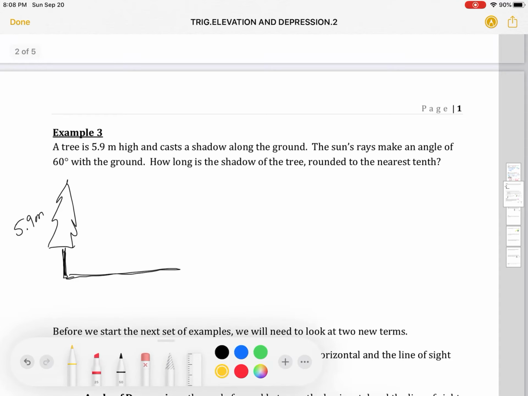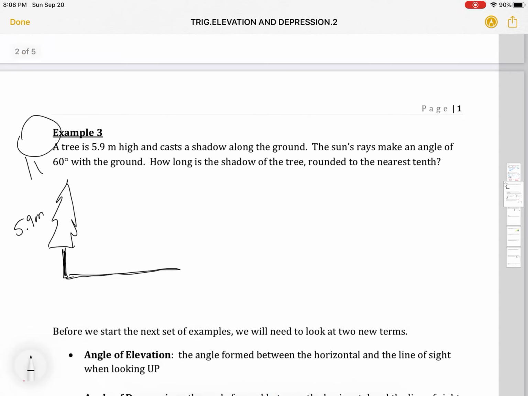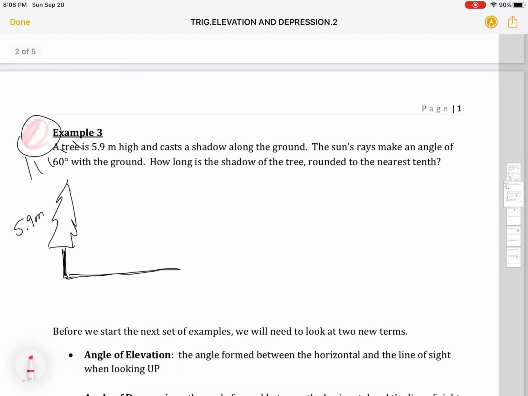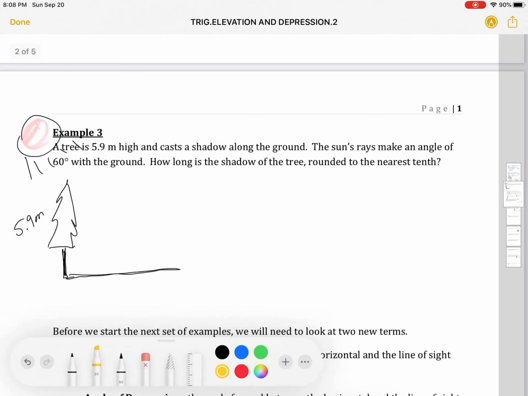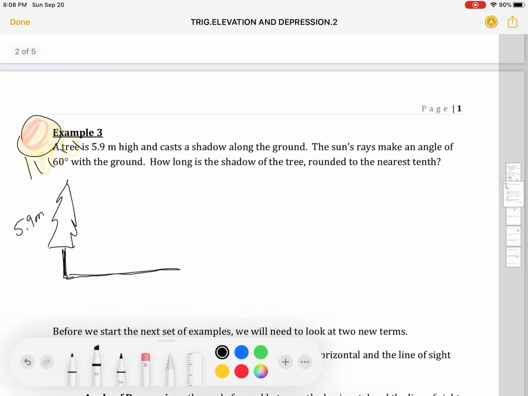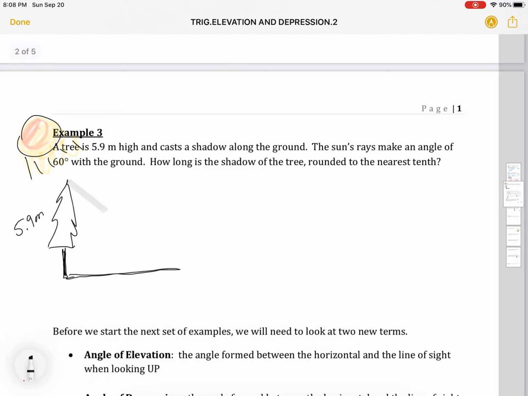Now the tree is 5.9 meters, and the sun's rays, so that means we have a sun over here, like we've got our sun up here casting rays. Let's make it a nice pretty sun. It won't be red, it'll be yellow.